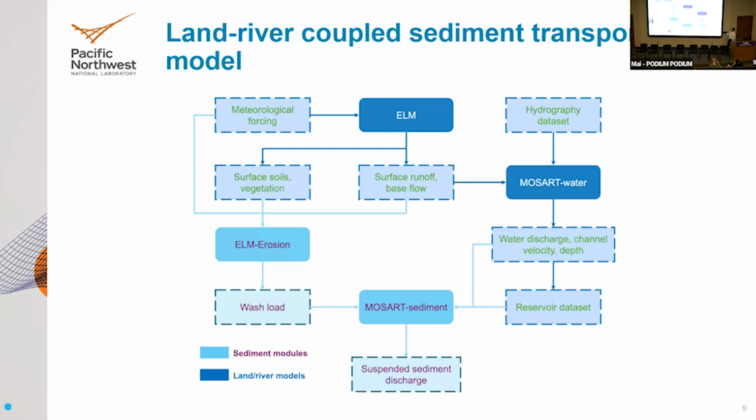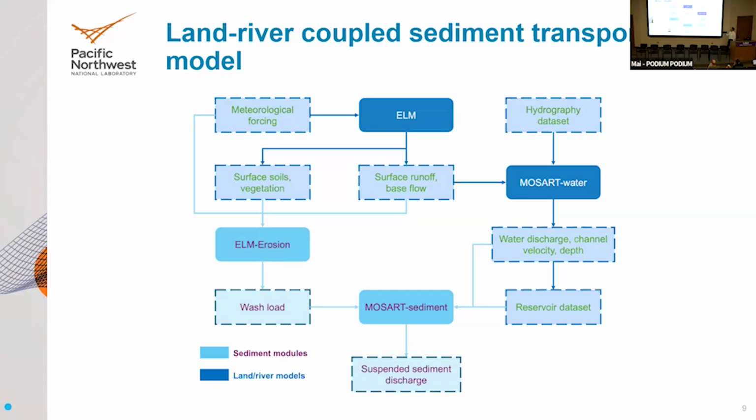In this model, the sediment process is driven by the hydrodynamic and hydrological conditions simulated by the ERM and the Mozart. And in this figure, the rectangles with the purple color text are the added sediment processes.